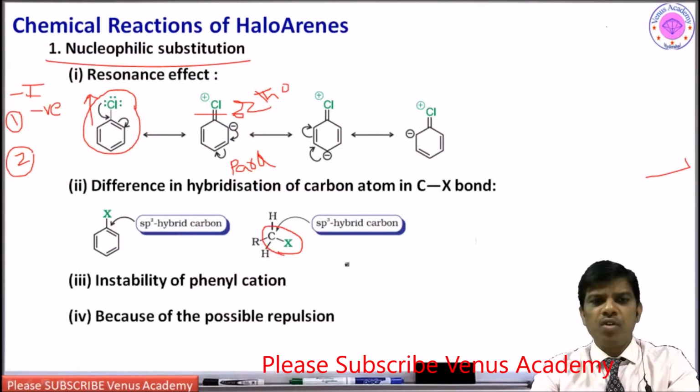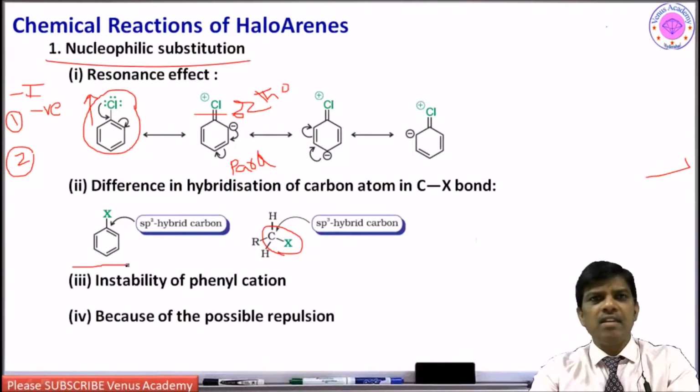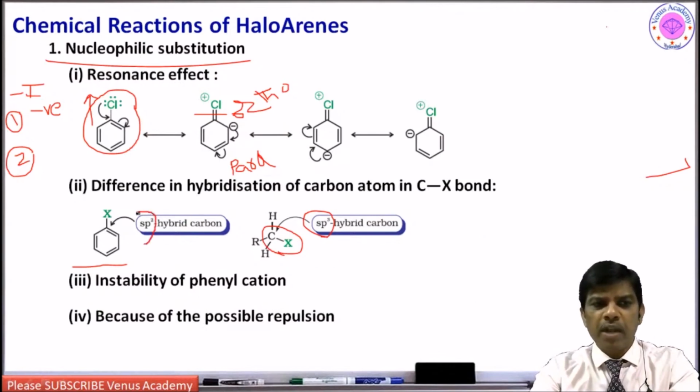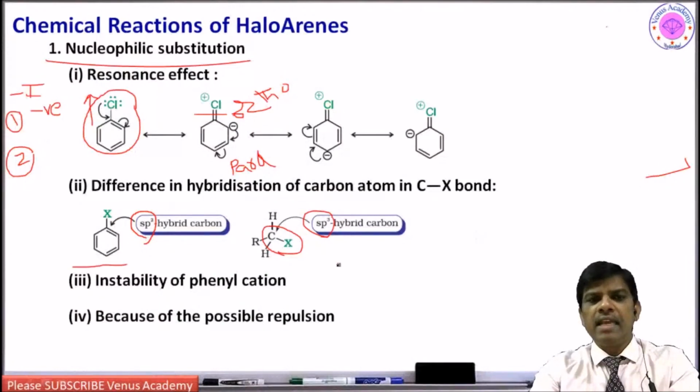When it comes to haloalkanes, we have seen nucleophilic substitution SN1 and SN2, whereas for aromatic halo compounds it is tough to undergo aromatic nucleophilic substitution. Why? Because in haloalkanes the C-X bond is with an sp3 hybridized carbon, so the electronegativity compared to sp2 hybridized carbon is less.